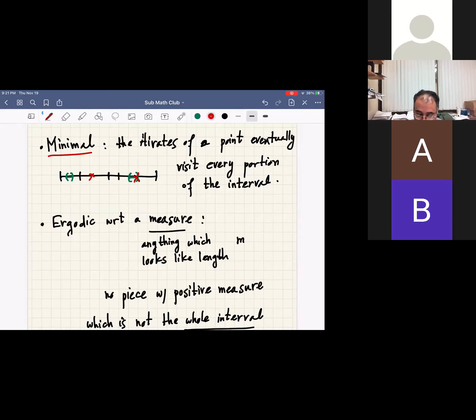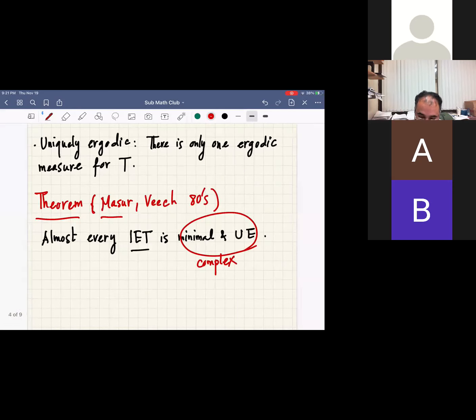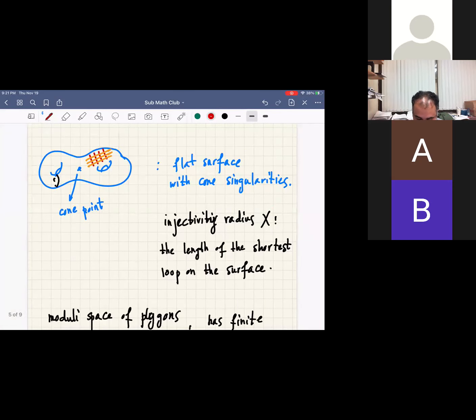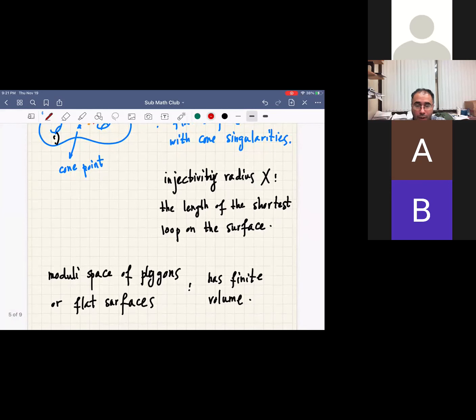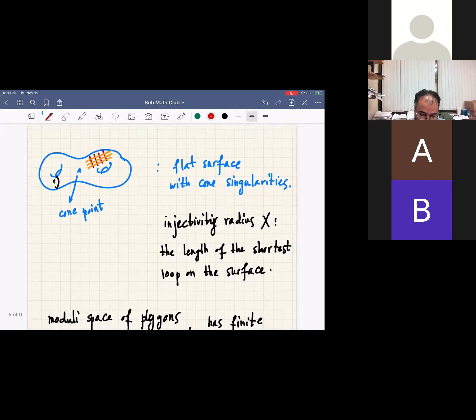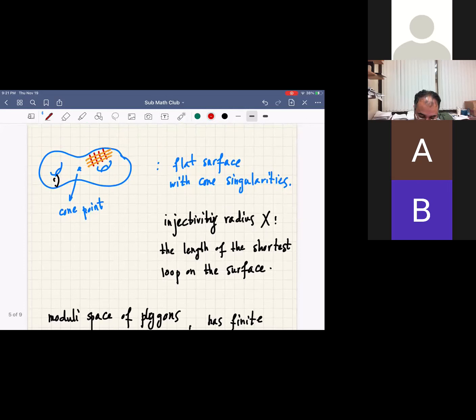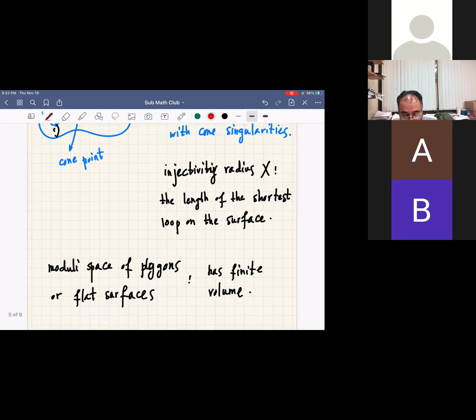I told you that we can define volume for them, and we can do Teichmüller flow by just contracting and expanding these surfaces along these two particular directions, or in terms of these two particular families of curves. Then suddenly we have quite a bit of room to work. So thank you very much.